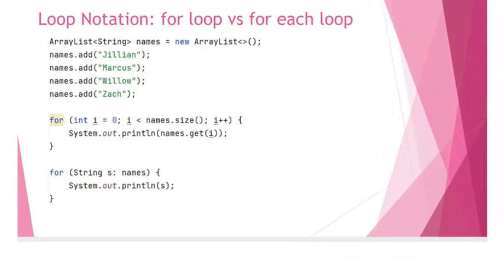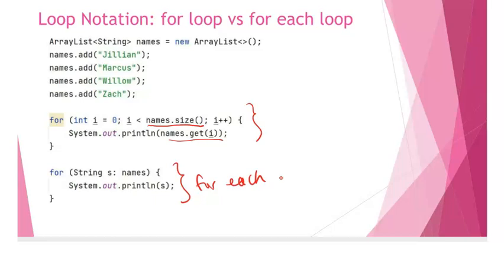All right, so here I have an array list of names with the names Jillian, Marcus, Willow, and Zach. And here I have a regular for loop. And you'll notice that I have to say while the index is less than names.size. And then to access each element, I can say names.get(i). If all I want to do is access every element in my array list, then that for each loop is way easier to work with.